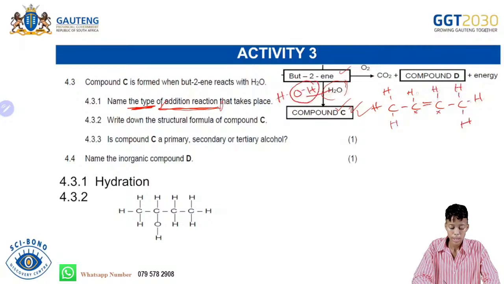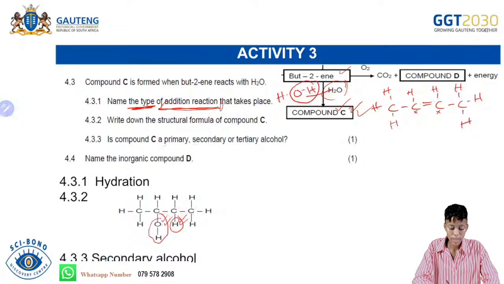So you can add your hydrogen on carbon number 2 and your OH on carbon number 3, or you can write it in this way, where you have your OH on carbon number 2 and your H on carbon number 3. In both ways, that would still be correct.